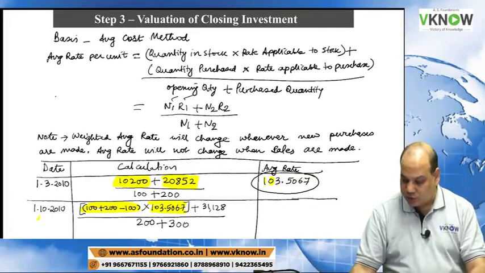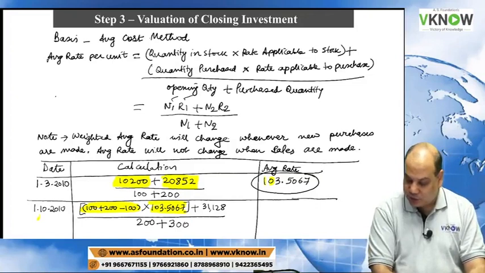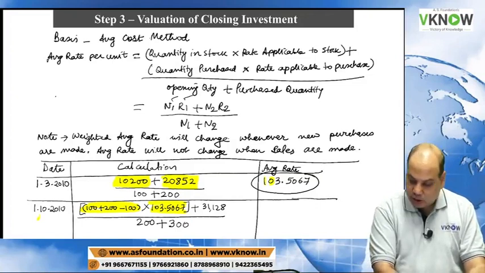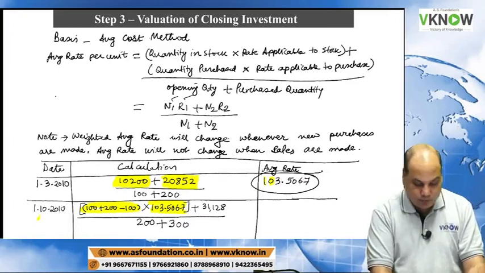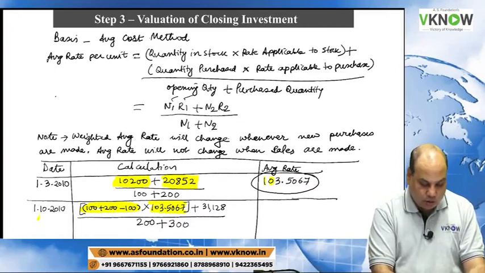Now the task is for you to compute the average rate. 200 into 103.5067 plus 31,128, divided by the total quantity in the denominator, which is 500.